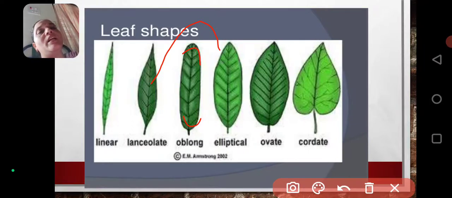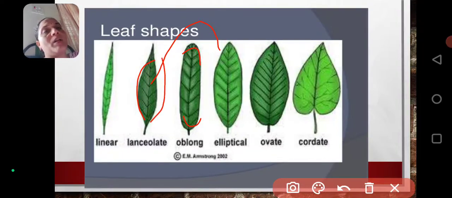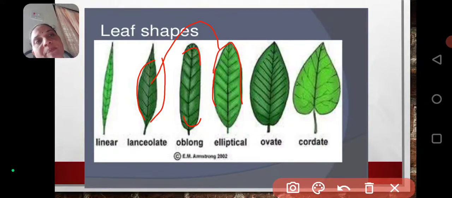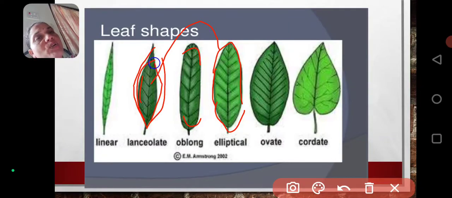In the lanceolate, just the middle position is wide like this, gradually increases and drops at a certain position, and gradually decreases.